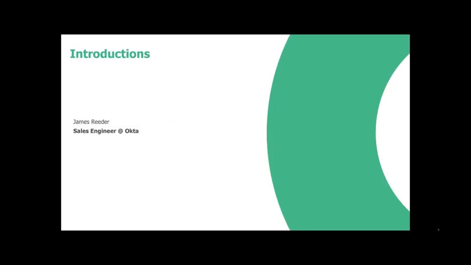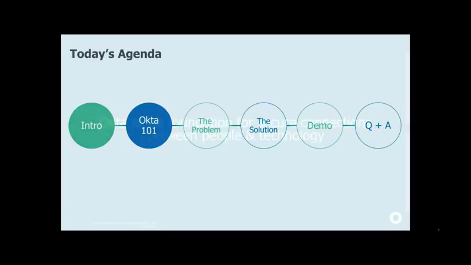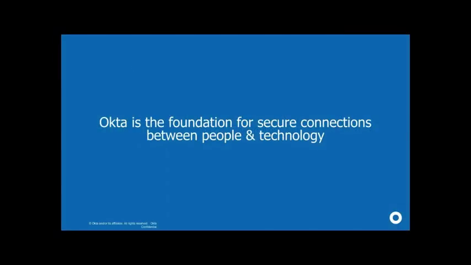So I'm just going to skip past the intro here. And we're going to start off with what is Okta. So Okta is an identity and access management platform with the sole objective to create seamless connections between people and technology. So connecting people to technology.